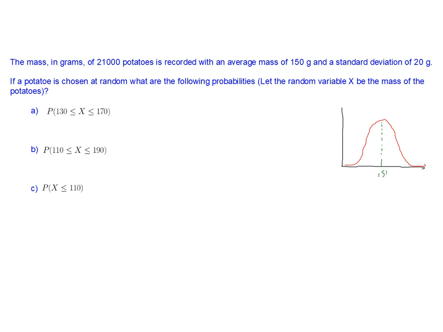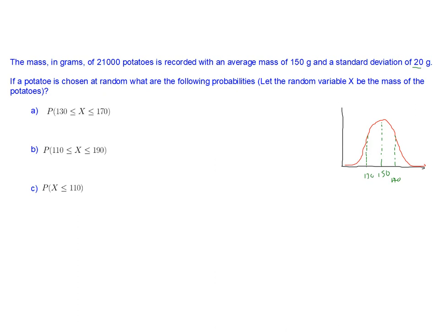We also know that the standard deviation is 20 grams. So if we go out one standard deviation in this direction, it will be 20 grams further out. So 150 plus 20 gives us 170. We can also go one standard deviation in this direction. 150 minus 20 gives us 130.